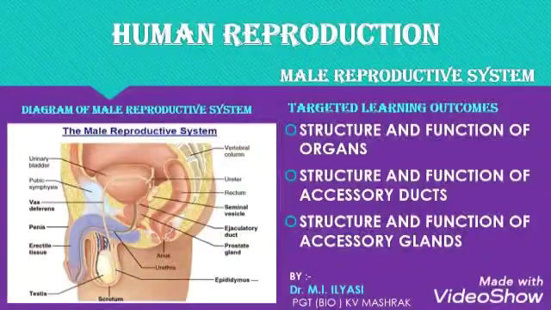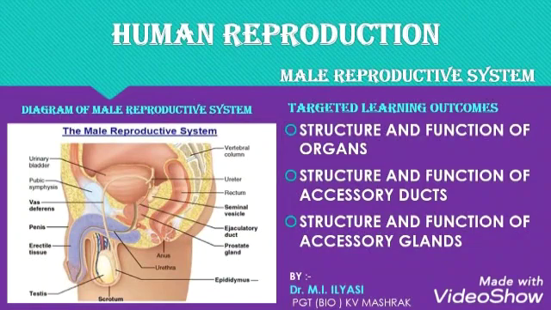Dear students, in this chapter, Human Reproduction, we will discuss first about the male reproductive system. Male reproductive system has four main parts: testes, accessory ducts, glands, and external genitalia.